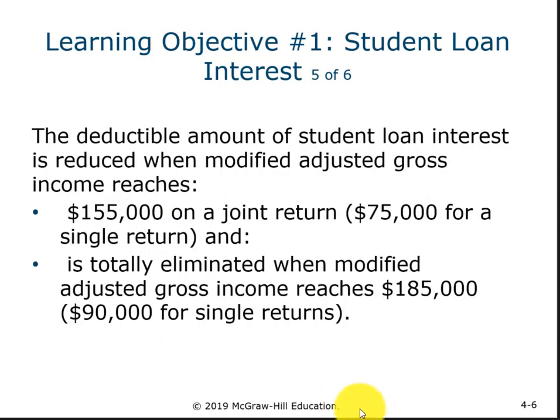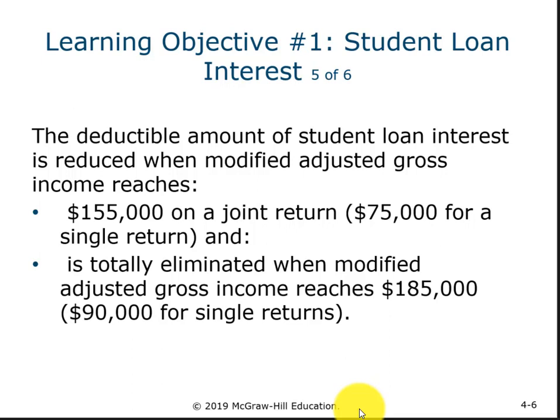So what is the threshold? Well, on a joint return, it's $155,000 is when it starts disappearing, and it goes away completely when your adjusted gross income is over $185,000. So you've got a $30,000 window.